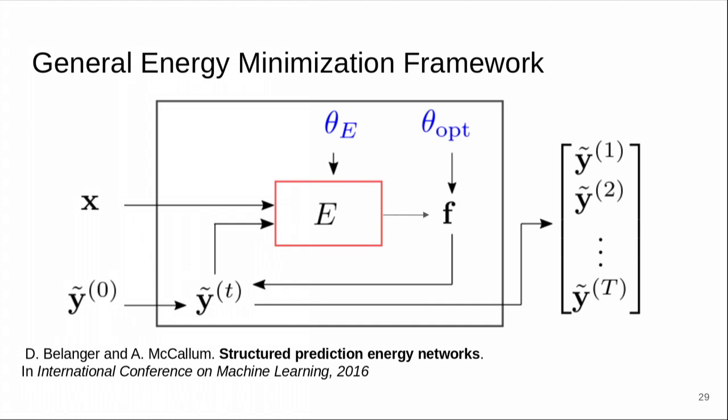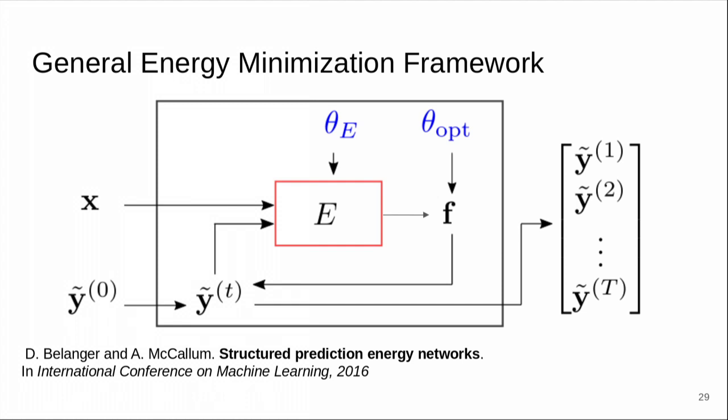We optimize our energy with respect to the input, or the 3D input Y, which also knows about the 2D input X. This is like our 2D pose. This is our 3D pose. We plug them both into this big red box, this energy function, and we get some scalar output. We use some gradient descent based on this to optimize our Y with respect to that loss function, and we end up with a sequence of inferred poses.